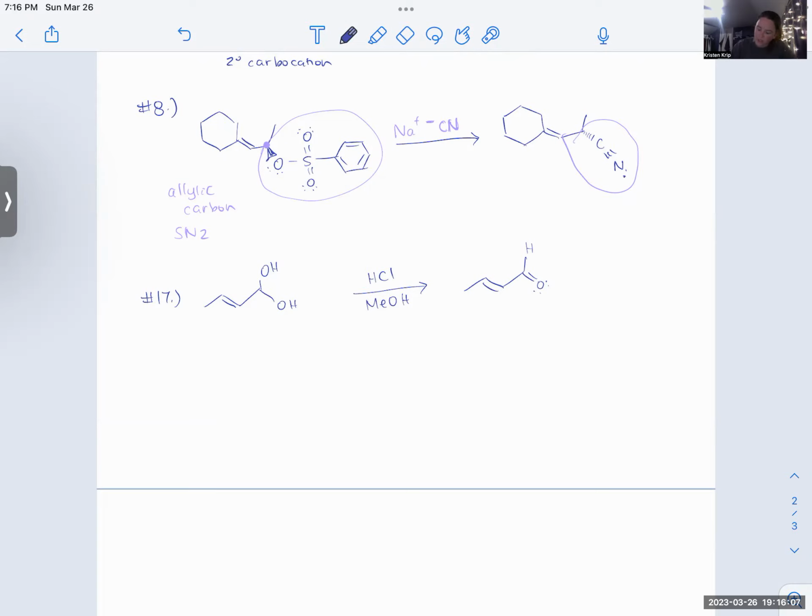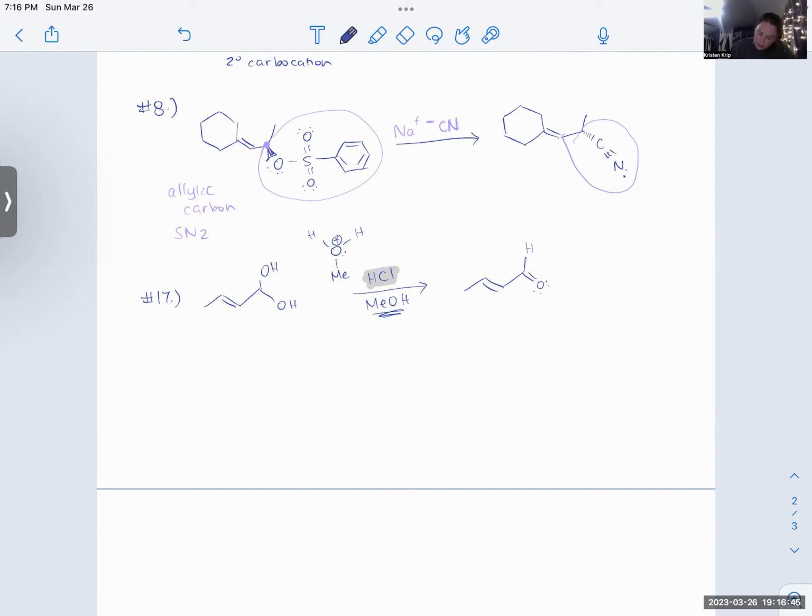So first thing we want to notice about this is that we have an acid with our methanol. This is going to protonate our methanol, so our methanol is going to have 2 hydrogens. And this is what we're actually going to be reacting with. So we have our oxygen, our methanol, and our 2 hydrogens, so we have a positive charge on here.